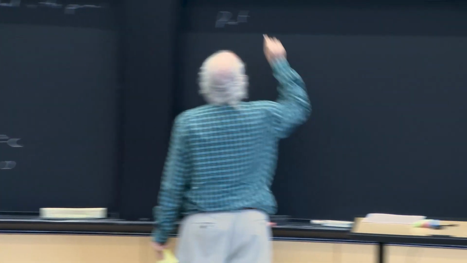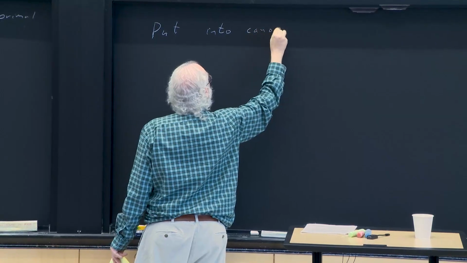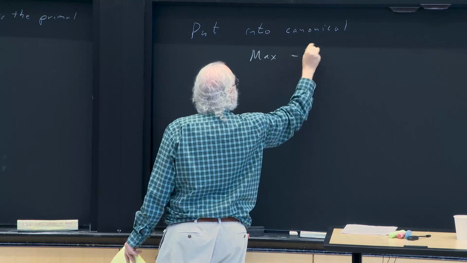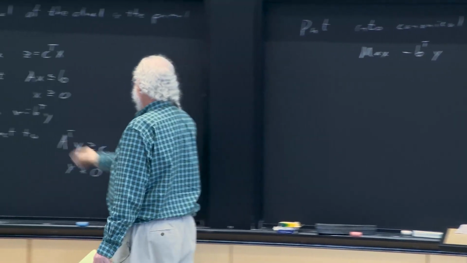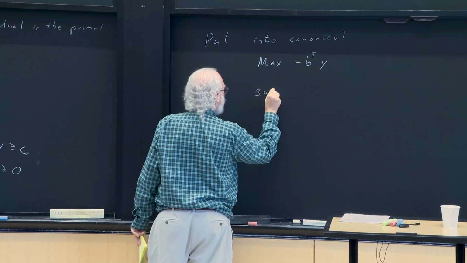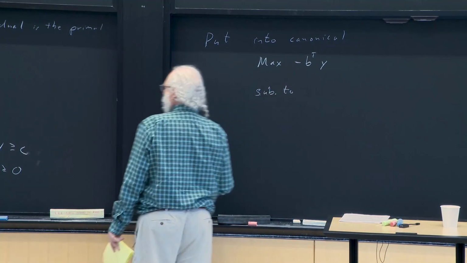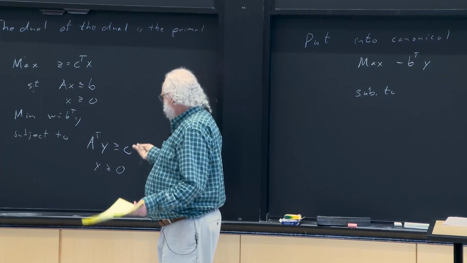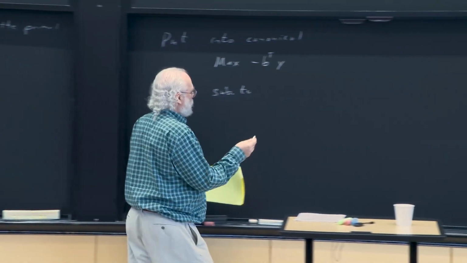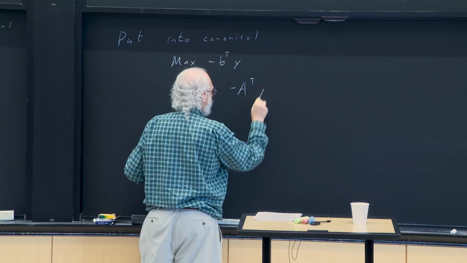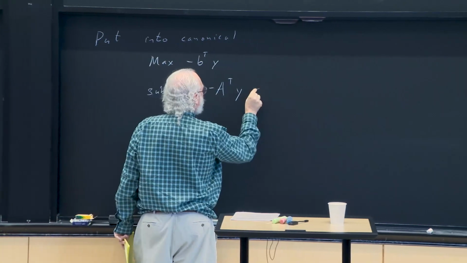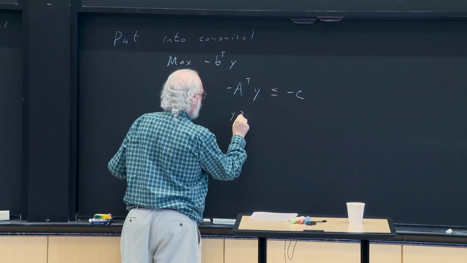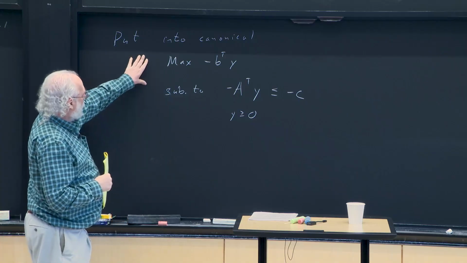So what we need to do is maximize minus B transpose Y. This inequality is the wrong way around for a canonical form, so let's take the negative of it: subject to minus A transpose Y less than or equal to minus C, and Y greater than or equal to 0. So this is the canonical form.